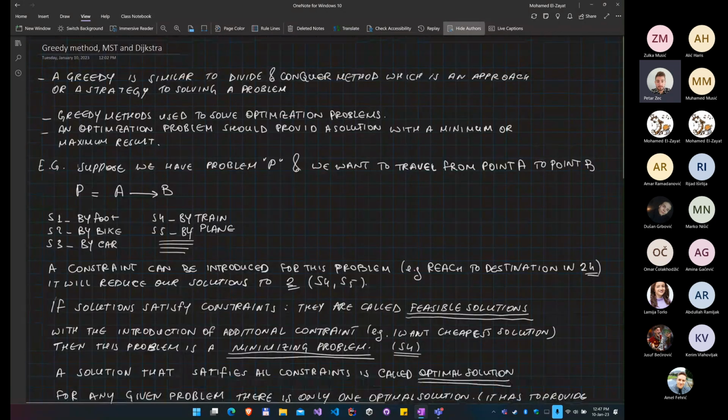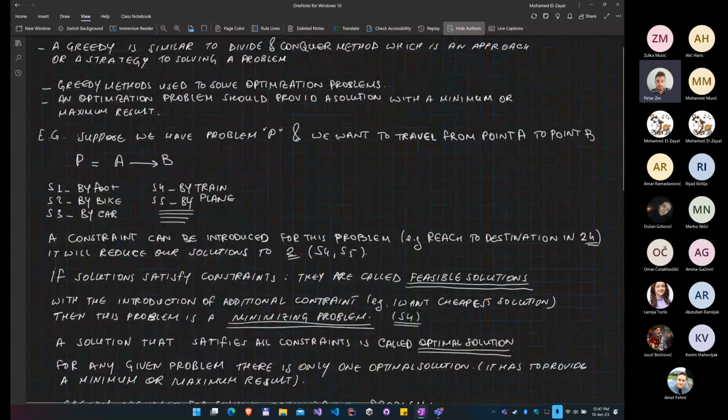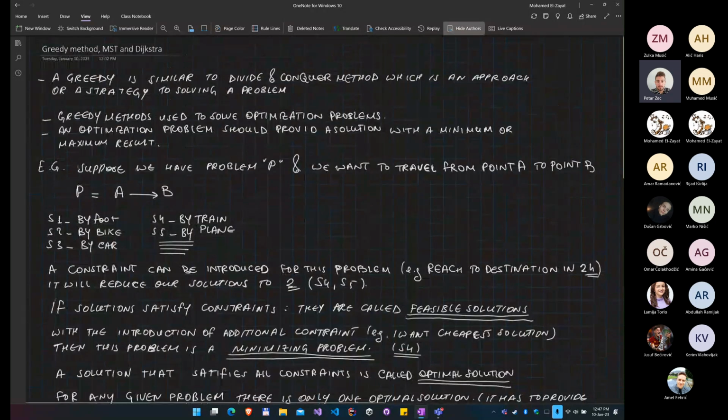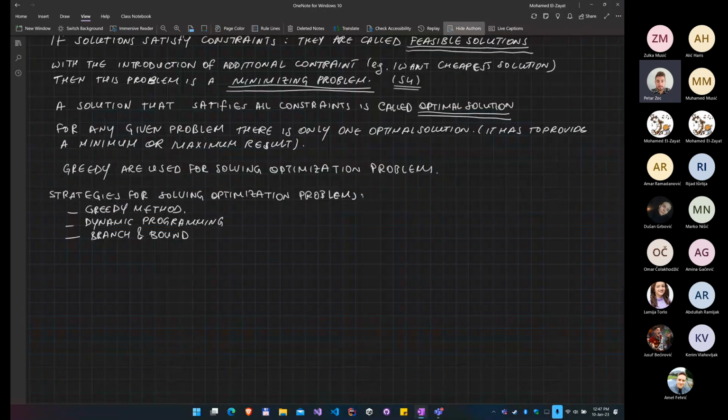Now, with this, the introduction to greedy method is done, and now you have an understanding of what a greedy method is. You will see through the next two algorithms, which are the minimum spanning tree and Dijkstra, how we are in fact solving these problems.